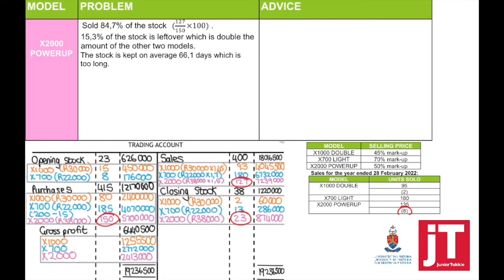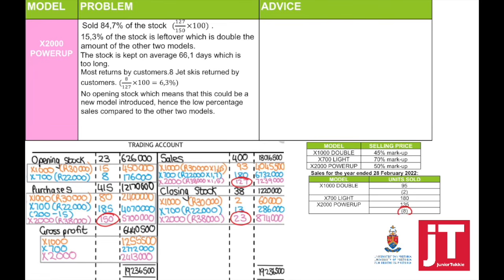The stock is kept on average 66.1 days, which is too long. Remember when we calculated that, I said it's double the amount of the other two models. Most returns by customers. 8 jet skis were returned by the customers. So if we take 8 divided by 127, it means 6.3%.